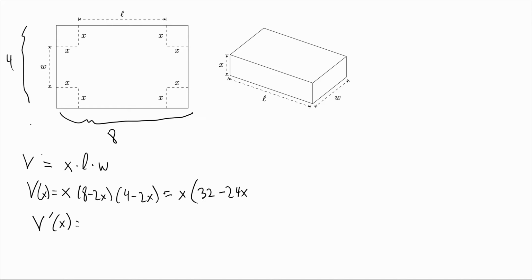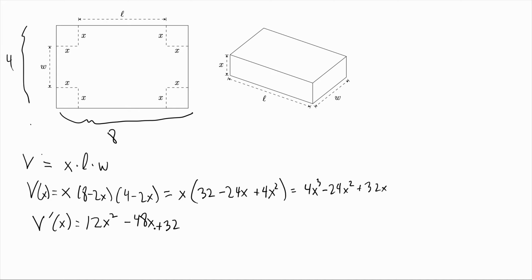And negative 2x and negative 2x gives you positive 4x squared. Now I'll multiply that by x and rearrange it. That looks like 4x cubed minus 24x squared plus 32x. Take a derivative of that, and we end up getting 12x squared minus 48x plus 32.